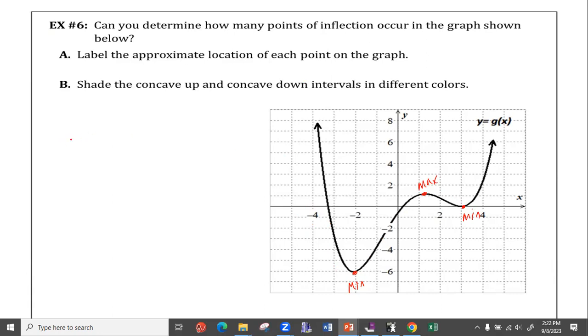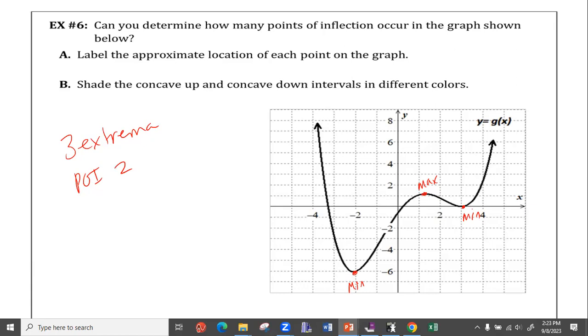So in total, we have 3 extrema. So how many POIs should I have? It's always going to be one less. So I should have 2 POIs. Does that make sense? We have 3 extrema, so therefore I'm going to have 2. Sure. We'll see where he's at.